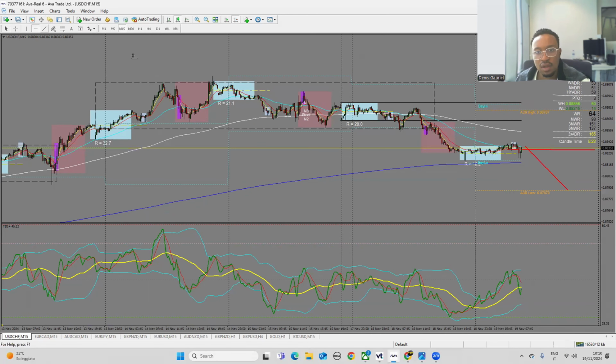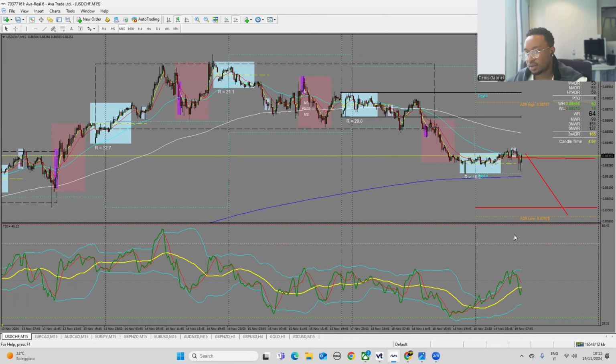So ideally, let me see, I hope this is the right area. Okay, ideally we would be expecting price to come somewhere around this area here.